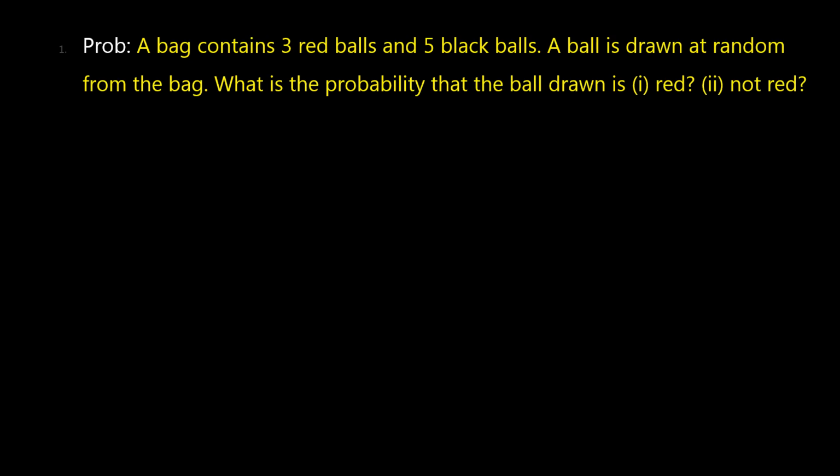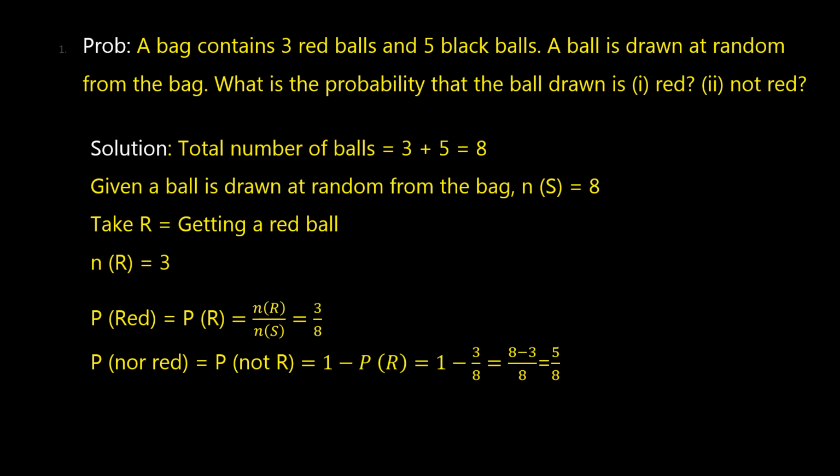A bag contains 3 red balls and 5 black balls. A ball is drawn at random from the bag. What is the probability that the ball drawn is red or not red? The total number of balls is 3 plus 5 is equal to 8. Given a ball is drawn at random from the bag, we may get any one ball from these 8 balls. That's why n of S is 8. Let R be getting a red ball. I have to find the probability of getting a red ball. n of R is 3.